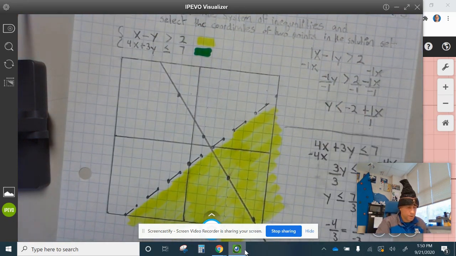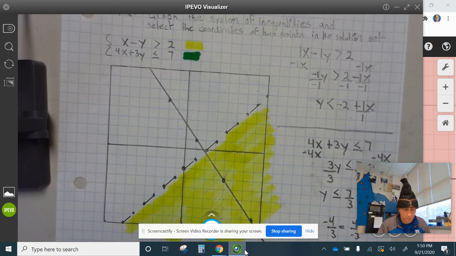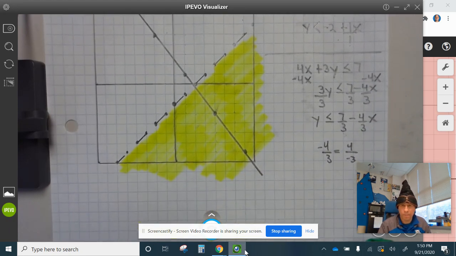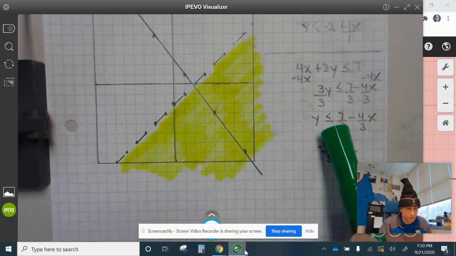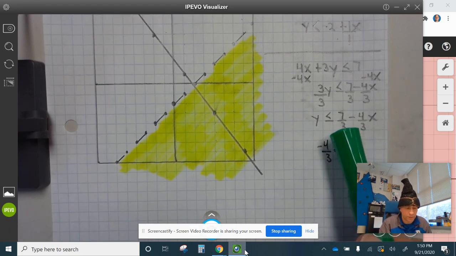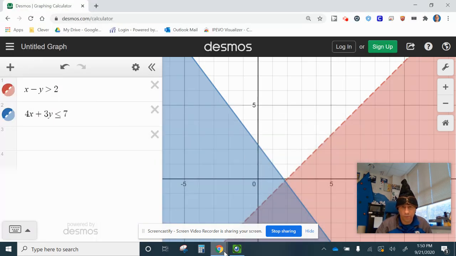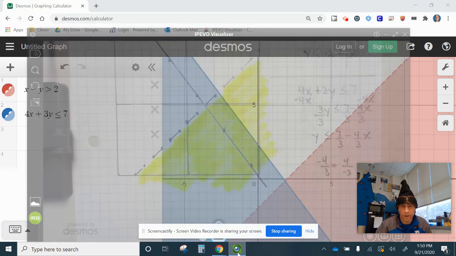Now it's going back to the y less than. So this is less than, and you might even check Desmos. You see it shading below. So we know that we're going to shade below.